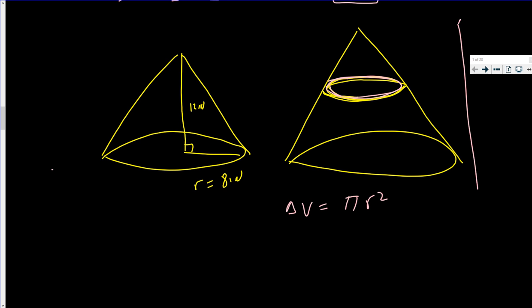And since the thickness is in the y direction, we'll say dy, delta y. Now, we want to add these all up. There's a continuous amount of them. So, we get V is equal to the integral of pi r squared dy.